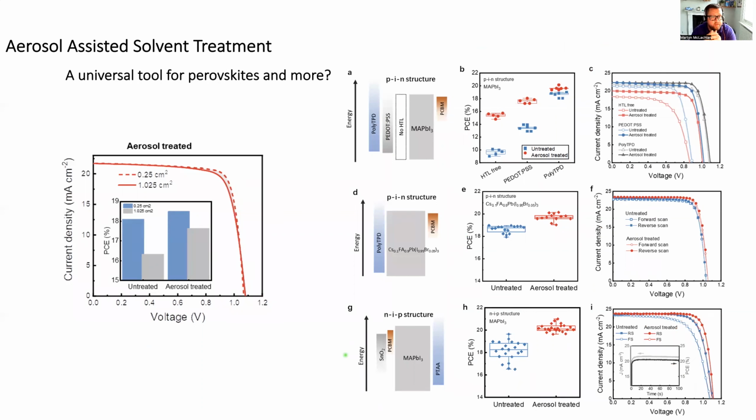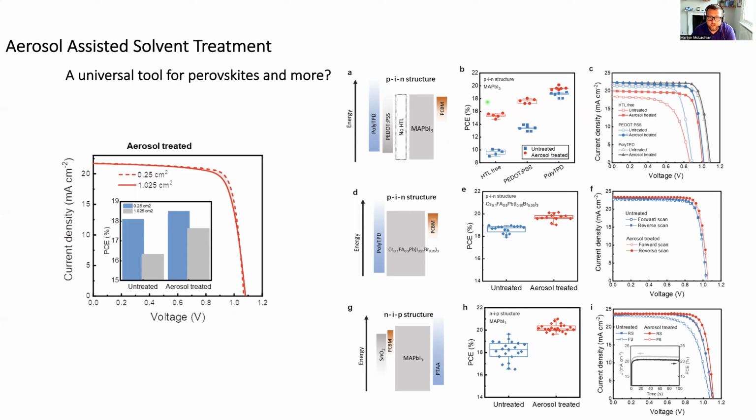And in terms of highlighting this as a universal technique for perovskites and more, we show here our standard research cell dimensions, relatively small area, and then we move up to a 1 square centimeter standard, where in the inset here we see an increase in the power conversion efficiency from 16 to around 18% when looking at the 1 centimeter cells. And again, just to bring this to a close and highlight the universality, we show a variety of device architectures showing that the technique is also widely applicable.